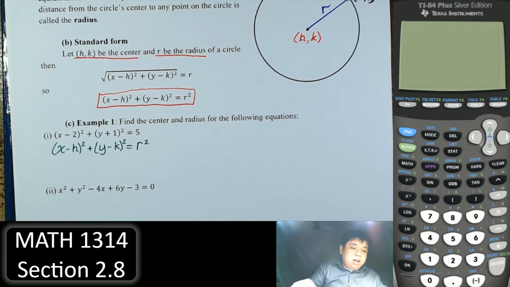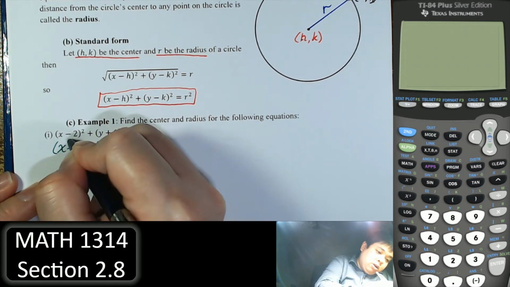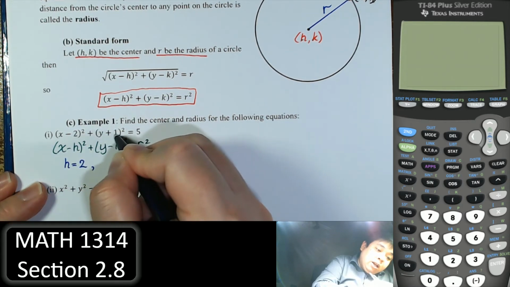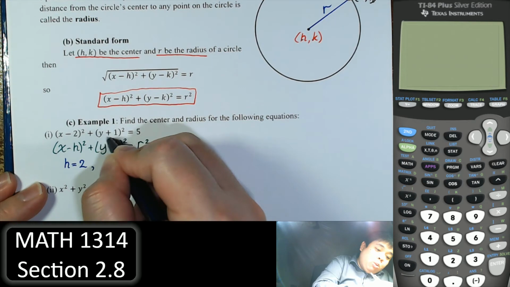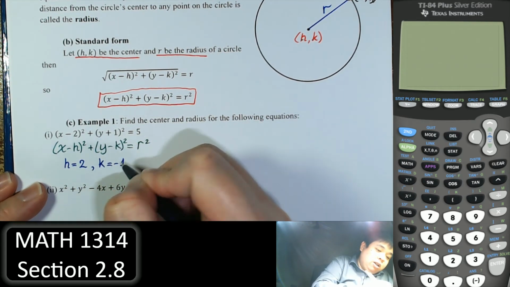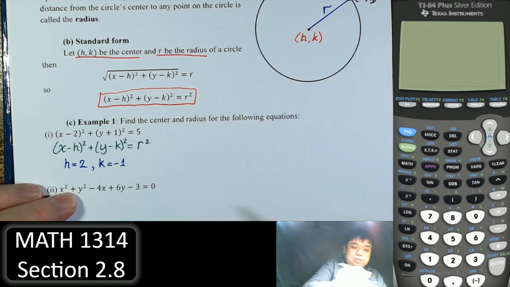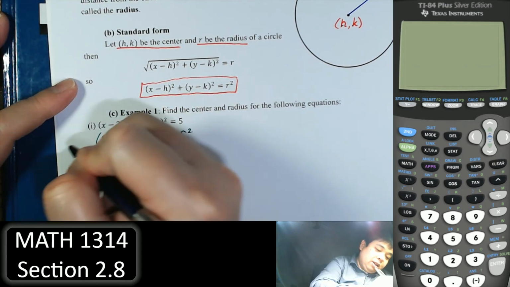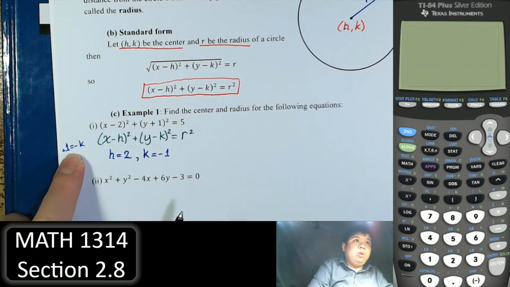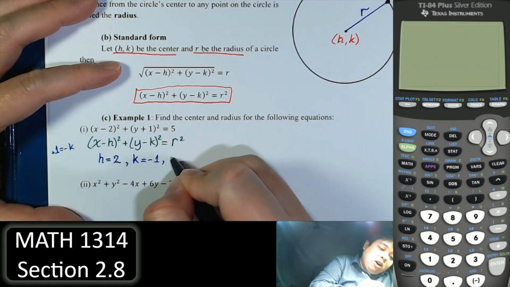From here we say h is equal to 2, because x minus 2 gives h. And for y, we have plus 1 equal to minus k, so k equal to negative 1, and r squared is equal to 5.